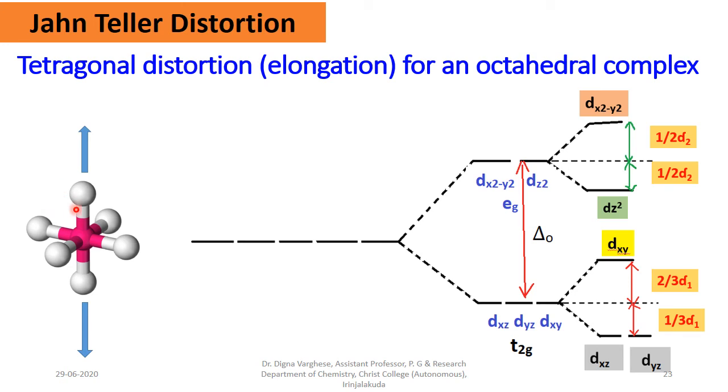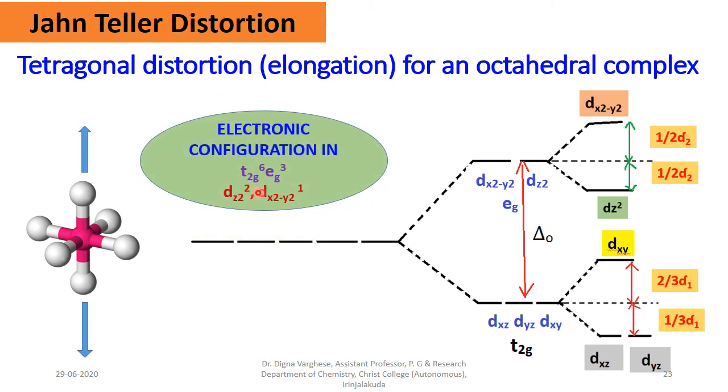The Z orbitals have lower energy because the influence of the ligand towards the metal ion is reduced due to the elongation, or bond length increasing. So the energy level diagram is dxz, dyz lower in energy than dxy, than dz square, than dx square y square.